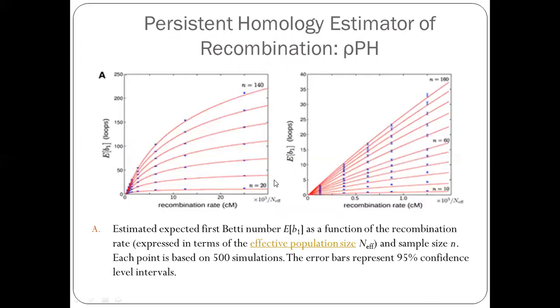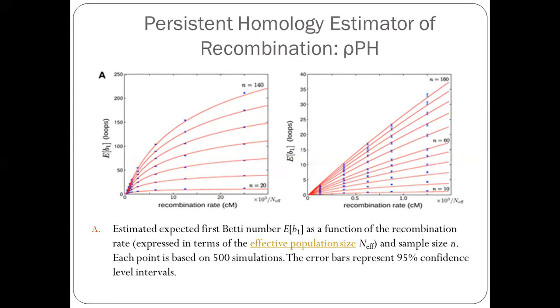Next, we see the same expressed in the form of graphs, the persistent homology estimator of recombination, where on the y-axis we have the estimated first Betti number, plotted as a function of the recombination rate expressed in terms of effective population size and effective.